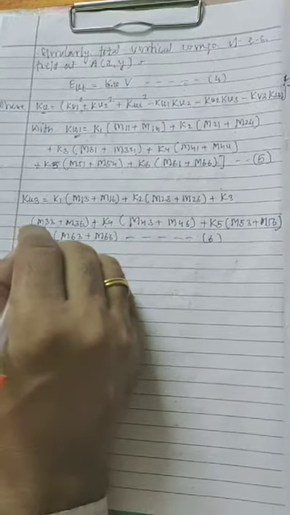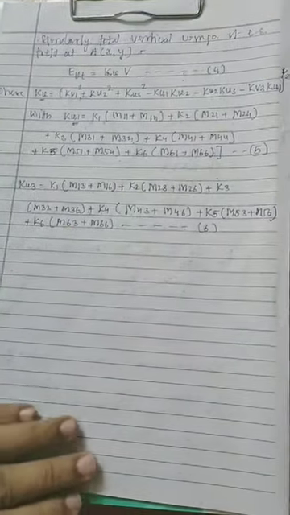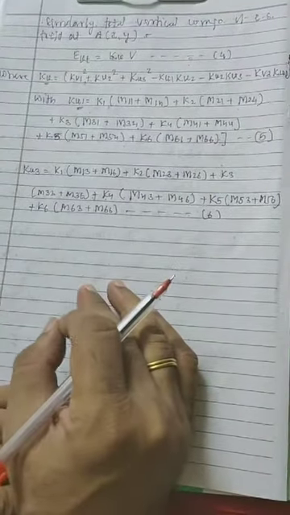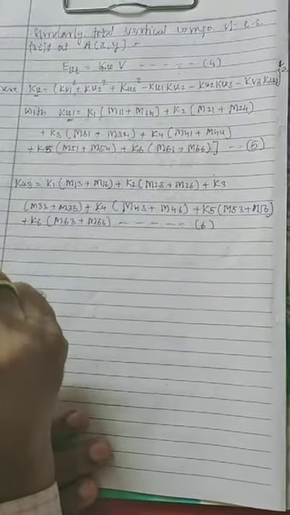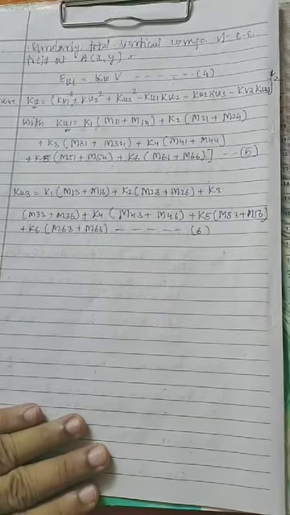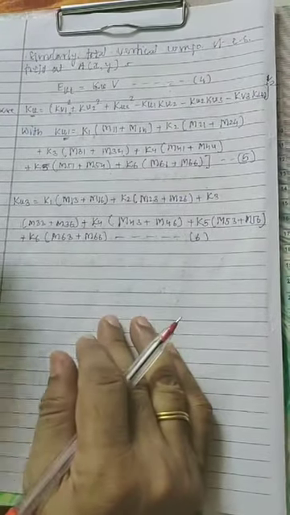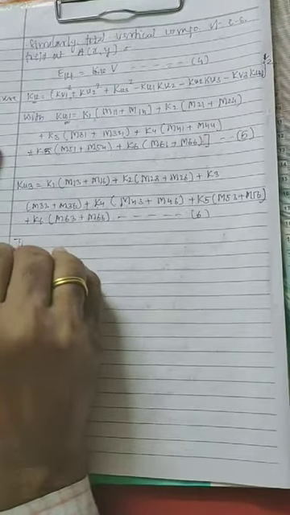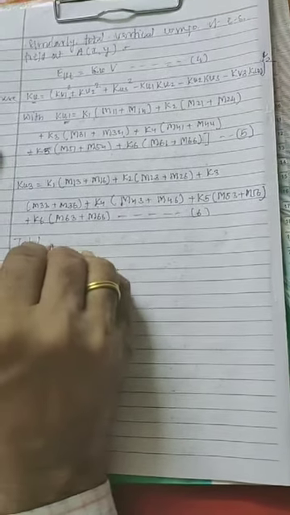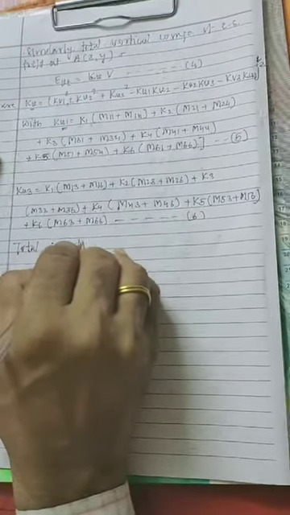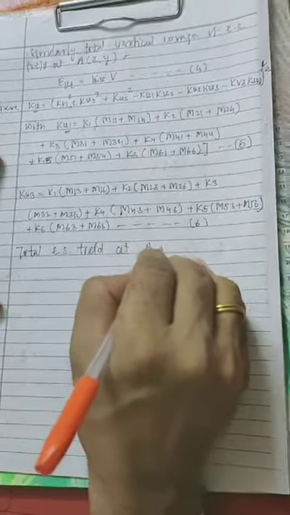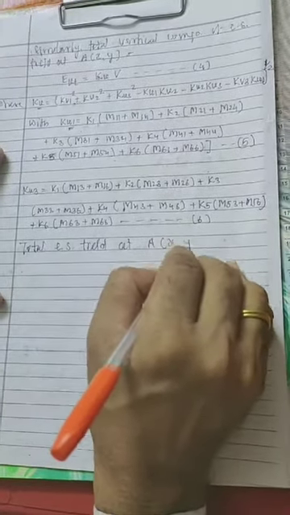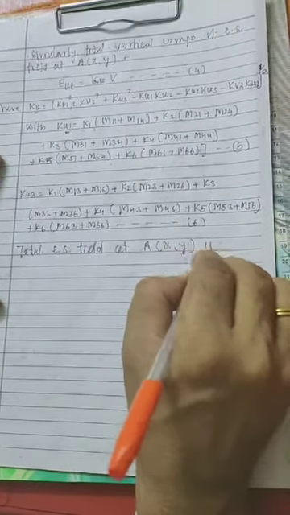So after calculation of total horizontal component of electrostatic field and vertical component of the electrostatic field, we can calculate total electrostatic field at point A, whose coordinates are x, y.